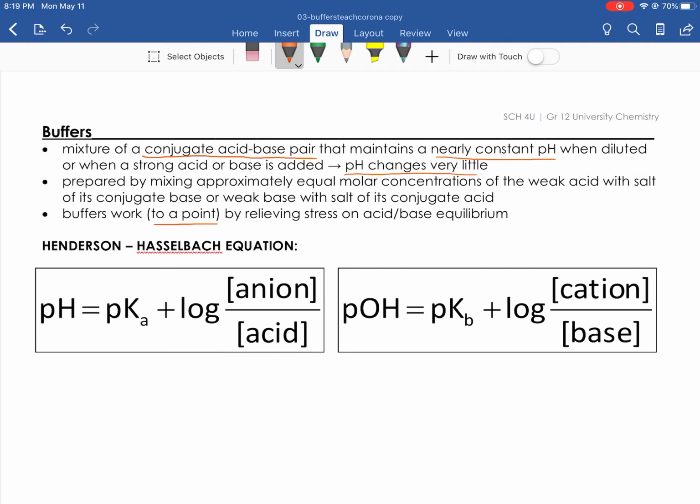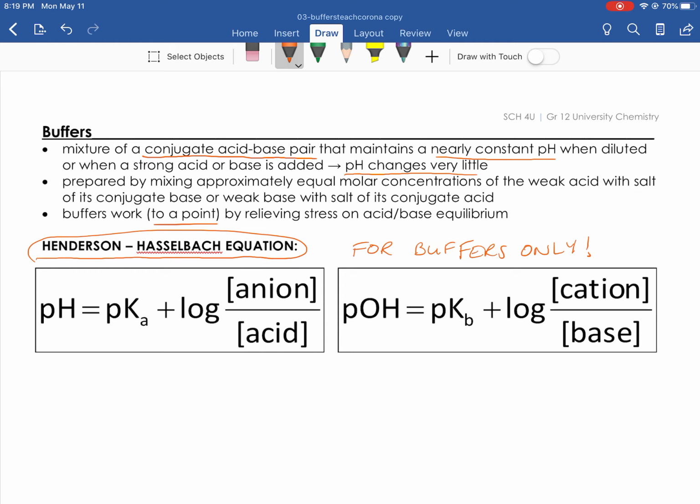So when you have a buffer, then you can use this Henderson-Hasselbalch equation, but only for buffers. I'm going to spell buffer right here. But only for buffers.